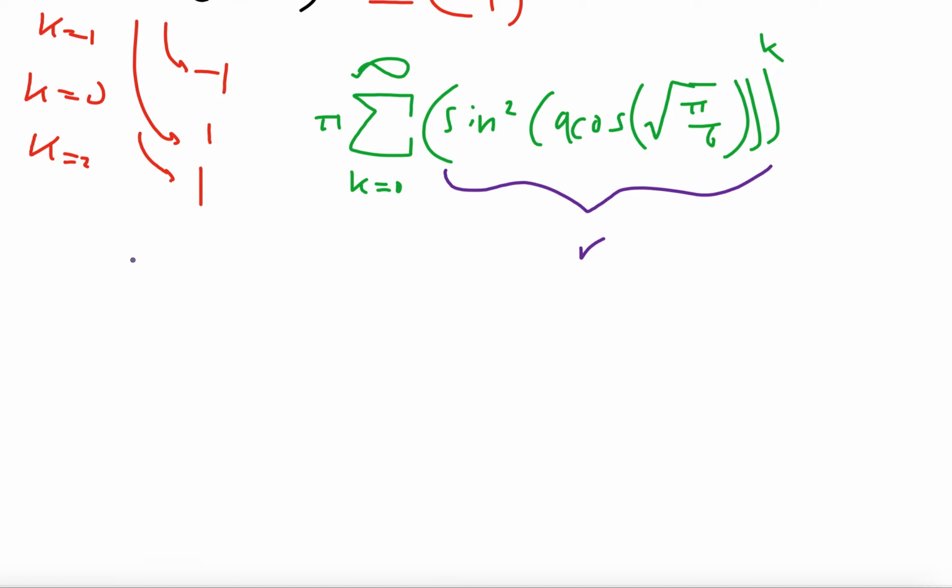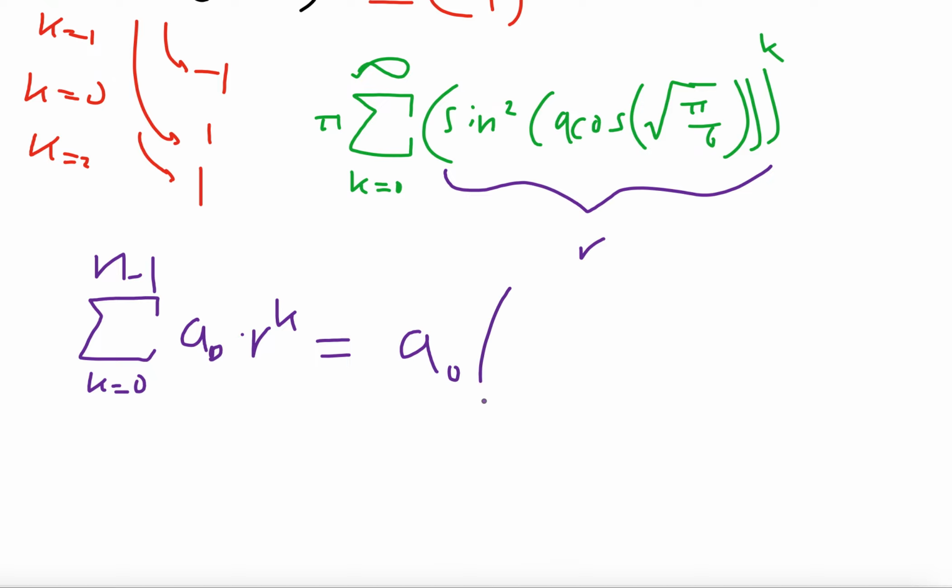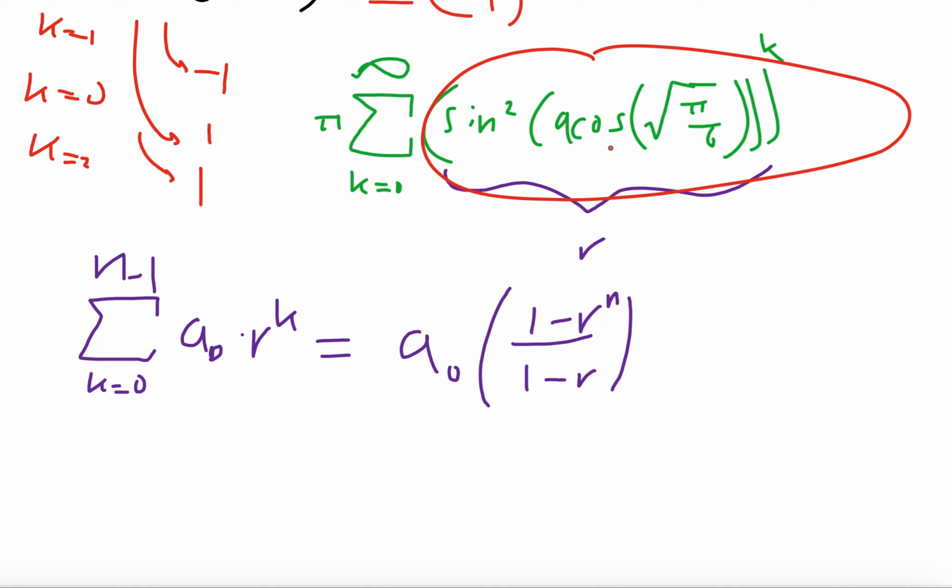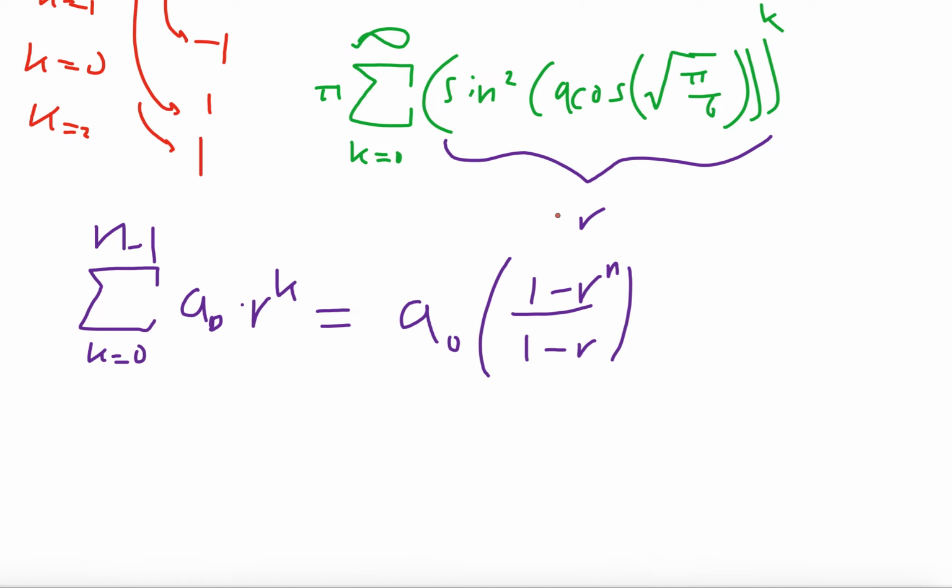Because then we can use the theorem that says that the sum of the first n terms of a geometric series, so sum as k goes from 0 to n minus 1, of a naught, the initial value of the sequence, times r to the k is equal to that same value a naught times 1 minus r to the power of n, so n plus 1 higher than this, over 1 minus r. And there's a couple of really cool proofs on how to do that. But again, are we going to plug this entire expression in? What do we do with the sine squared of arc cosine of root pi over 6? Who knows? So I'm going to show you what we do.